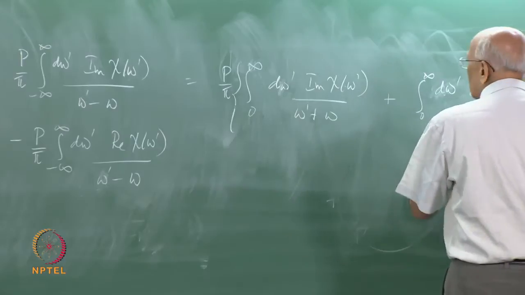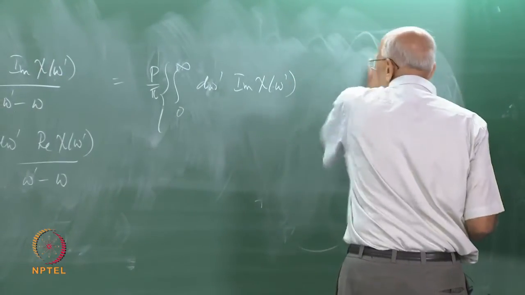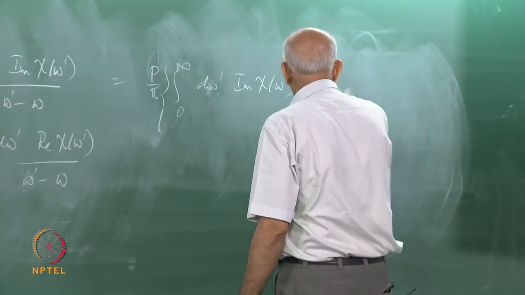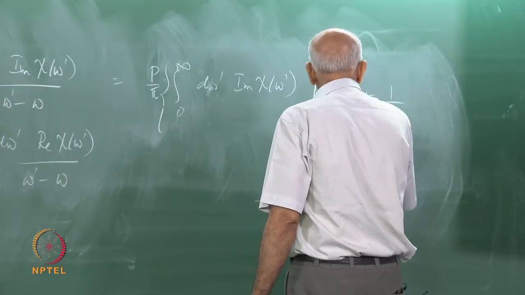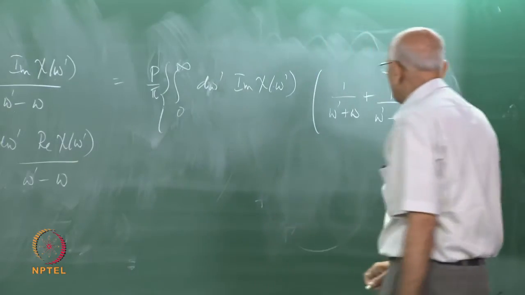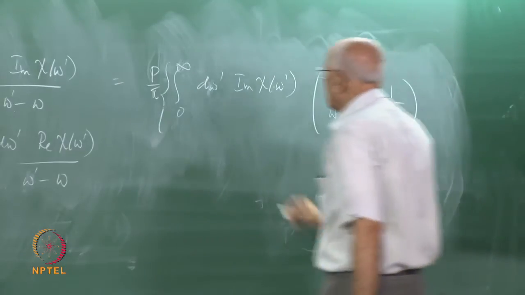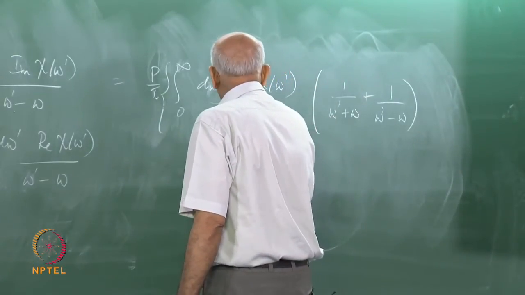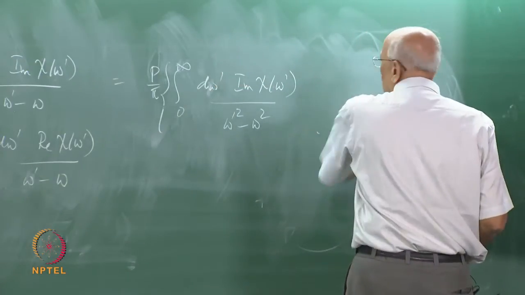So I could in principle write this whole thing as just, inside here, 1 over omega prime plus omega, plus 1 over omega prime minus omega. And I add these two up and you end up with omega prime squared minus omega squared, and then a 2 omega prime on top.